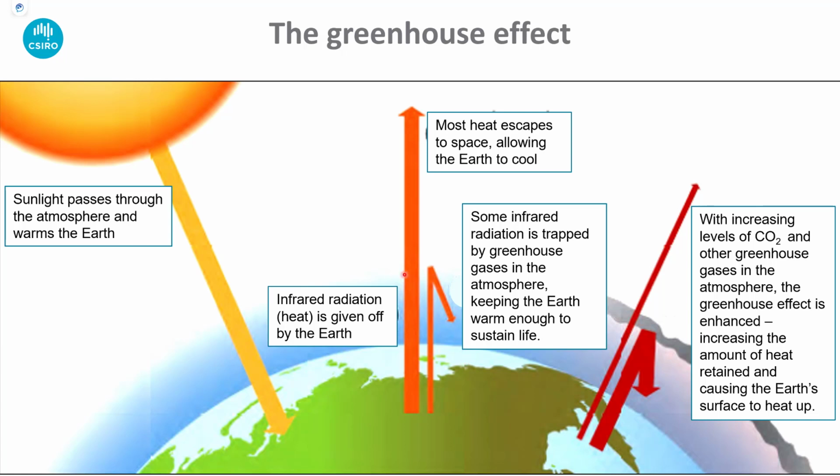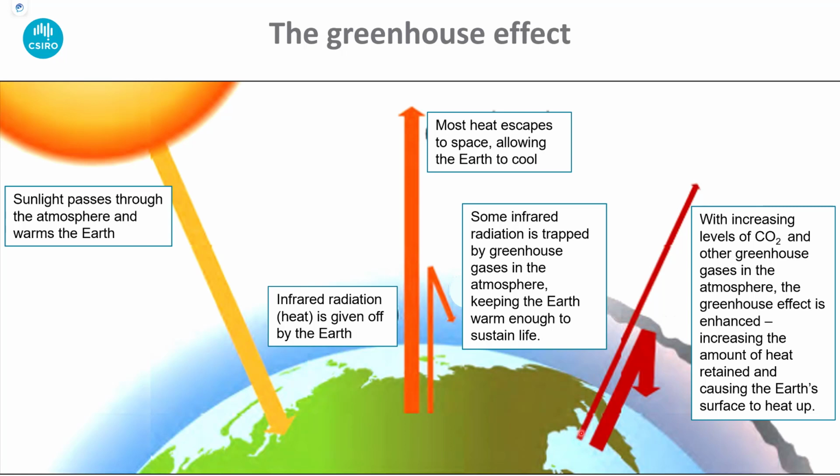And just by getting the balance right between the amount that escapes to space and the amount that comes back to the planet, that's been perfect, and it's been able to maintain the Earth's temperature significantly higher than it would have otherwise been in the absence of the greenhouse effect, to the extent that life's been able to establish and sustain on the planet. That's great.